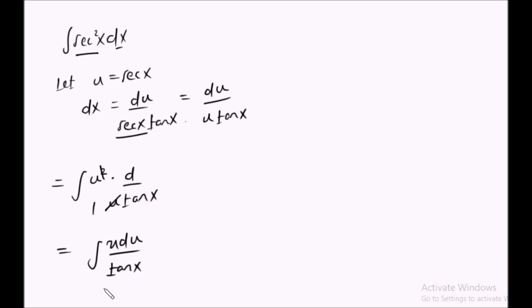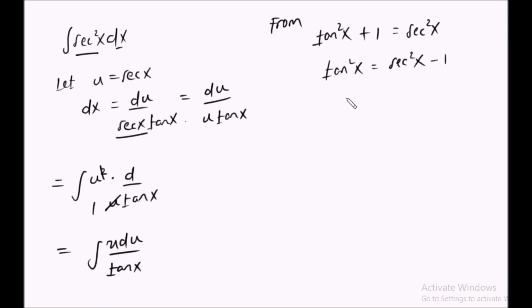But this is u substitution. I want to change the variable, the independent variable. Kwa hiyo x inabidi ziondoke kabisa, nibaki tu na u. So I know that tan squared x plus 1 is sawa na sec squared x. This only means that tan squared x itakuwa sawa na sec squared x minus 1. This only means that tan x itakuwa sawa na the square root of sec squared x minus 1.